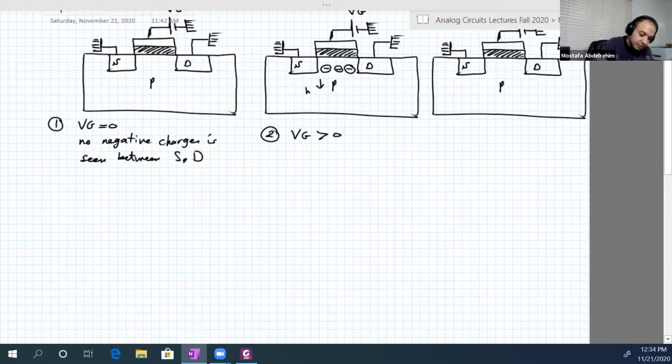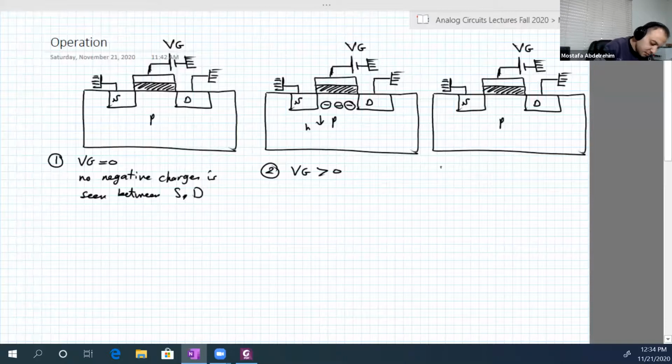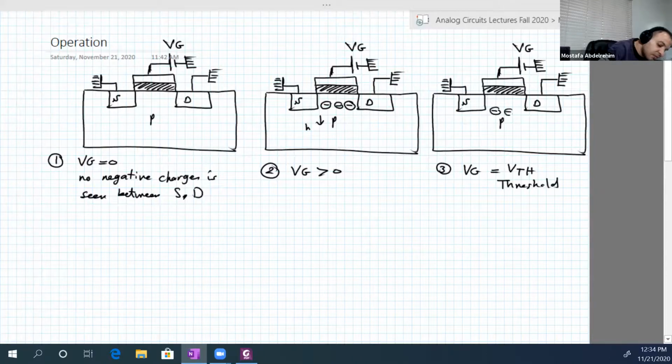So number 3, when VG approaches a value called V threshold, some electrons from the source and the drain regions, and remember they are N-type material, they have a majority of electrons, will flow to this area here.